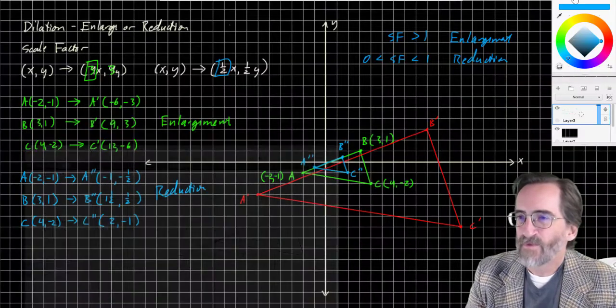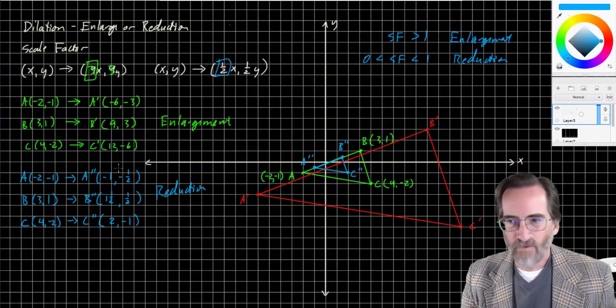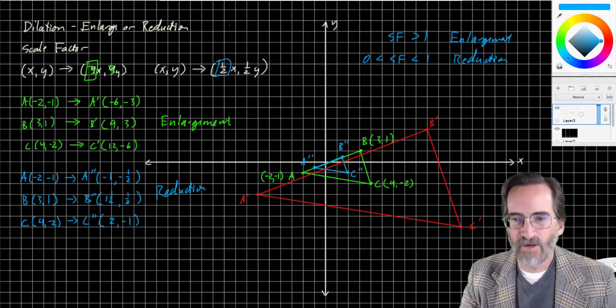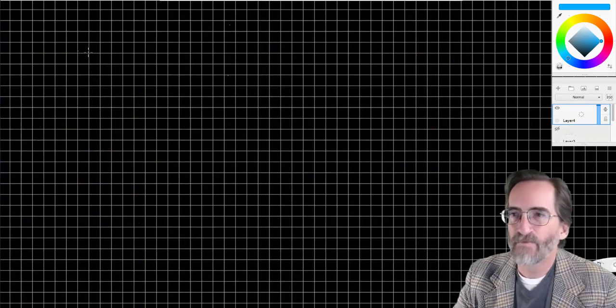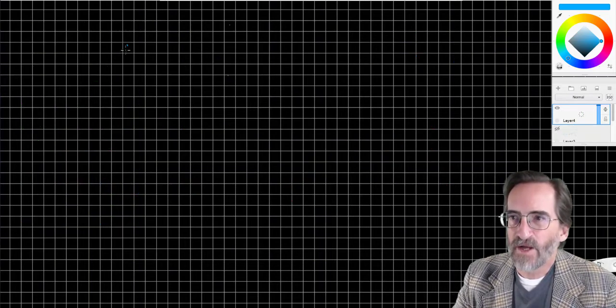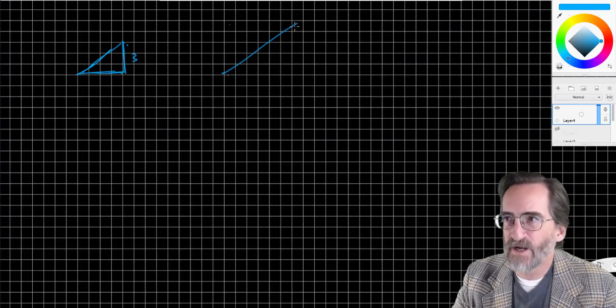Okay. One more thing that you need to be able to do, and I know I'm going long here, but this is something that they ask you about. If you have a triangle, let's say the side is 3, and it goes through a transformation, and now the side is 5.